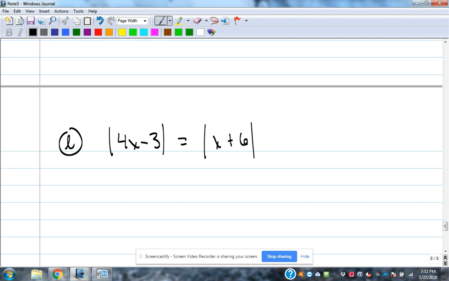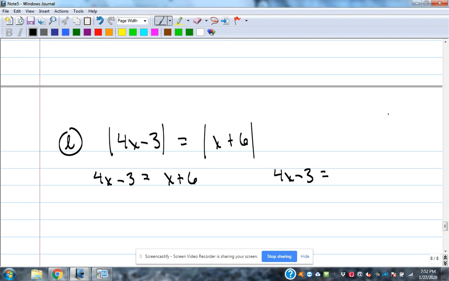Now, the way you want to do this is you want to set up and say, okay, I'm going to work the problem with the absolute value on the left first. So I'm going to say this is going to be 4x minus 3 is equal to x plus 6, and then 4x minus 3 is equal to the opposite. So, instead of saying, if it had a 5 there, we would say positive 5 and then equal to negative 5.